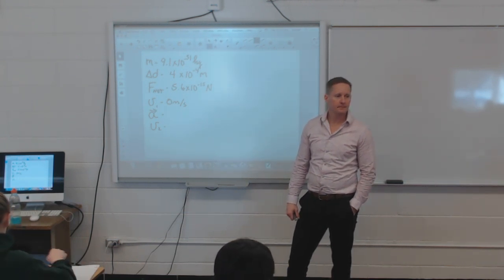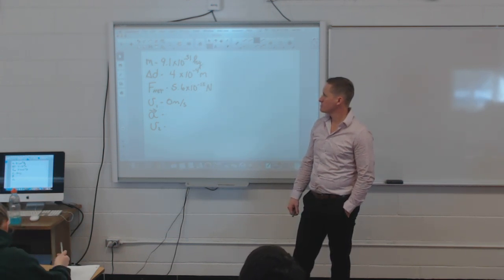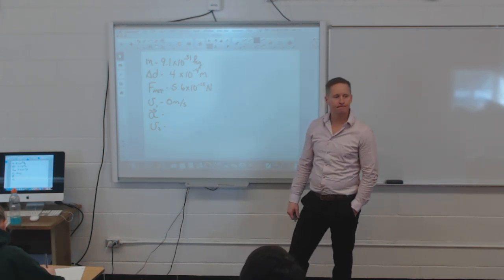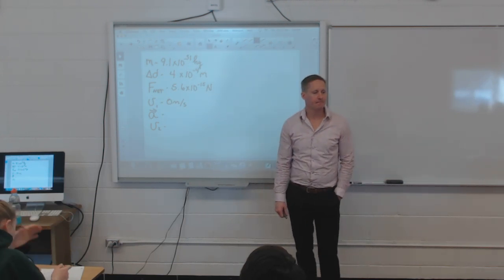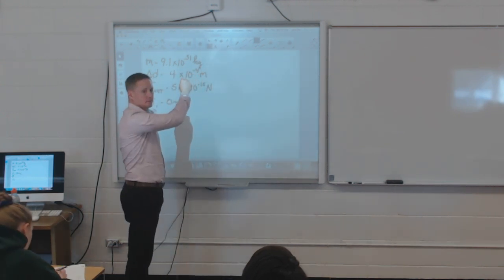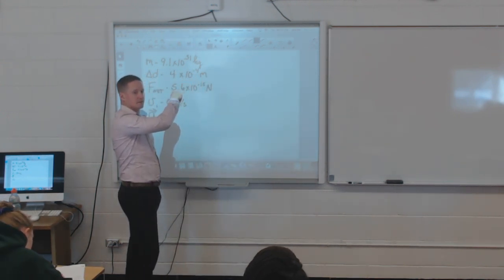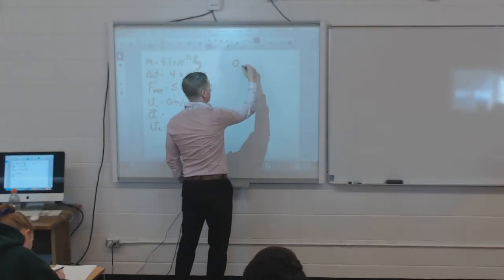The total distance by... I don't know. There's an easier way to get it. What's the first thing you learned in this unit? What's net force equal to? Mass times acceleration. Do you have your mass? Yeah. Do you have your net force? Yes. Can you divide? Oh, I see.